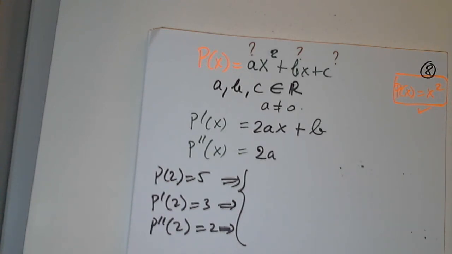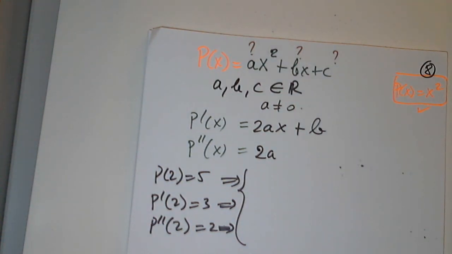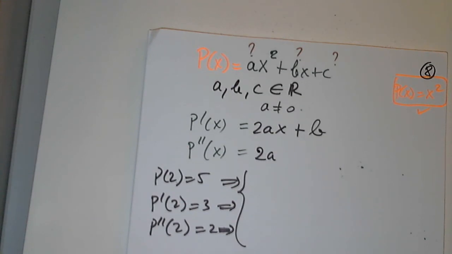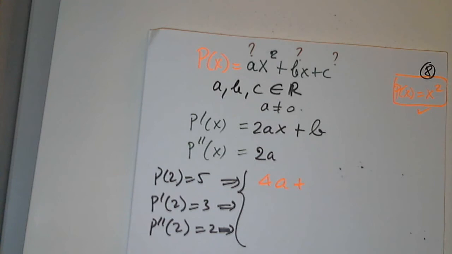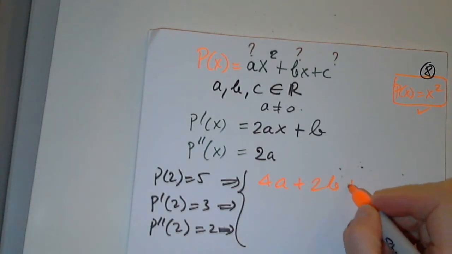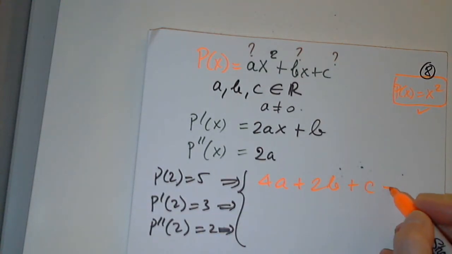What do I write? A times 2 squared plus B times 2. Good. So 4a plus 2b, very good. Plus c, very good, equals 5? Excellent. That's the first equation. Great job.